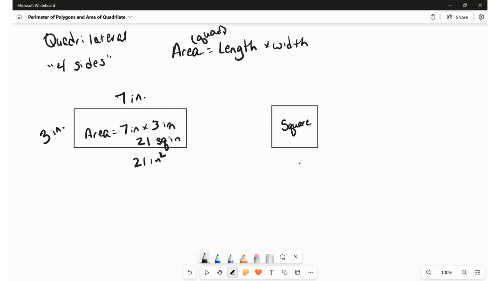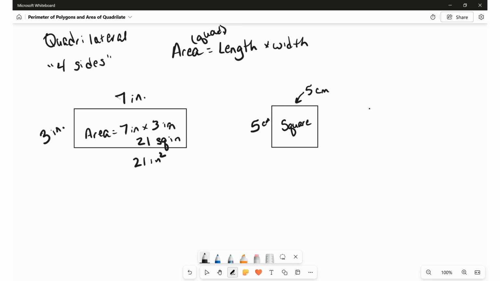I didn't actually measure it, but we're going to say that this square measures 5 centimeters. That also means that every side is 5 centimeters.